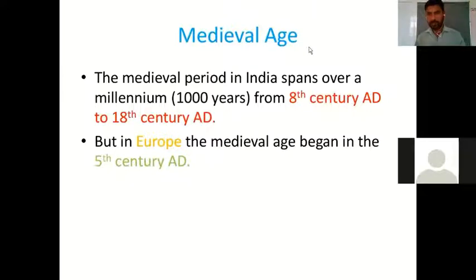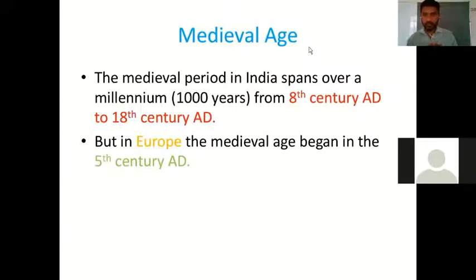Now we have replaced the term AD with CE, that is Common Era. Okay, but in Europe, the medieval age began in the 5th century, so we will not talk about that right now. Okay, so in European history, the medieval age starts from the 5th century AD.